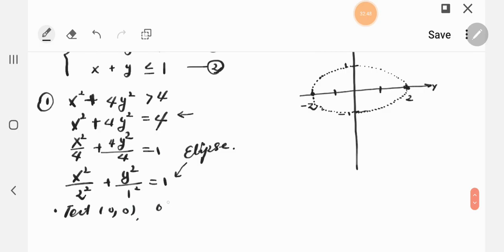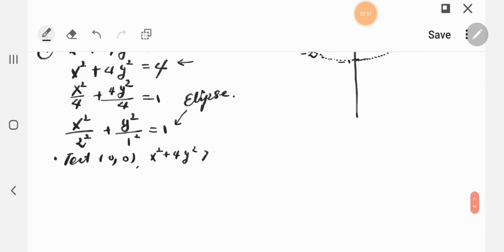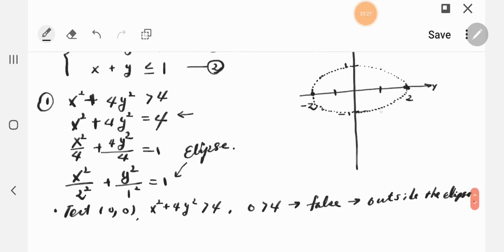Then x squared plus 4y squared is greater than 4 becomes 0 is greater than 4. Is this true? That is false. So we will select the area outside the ellipse.